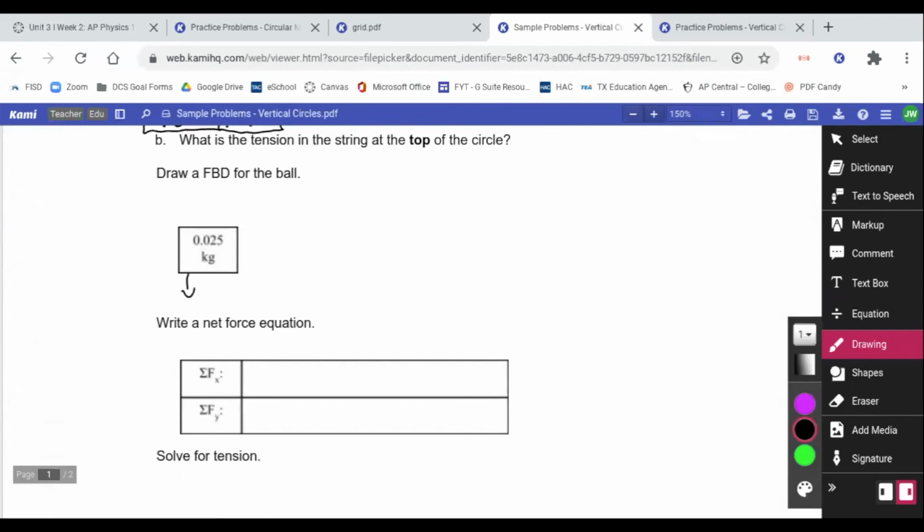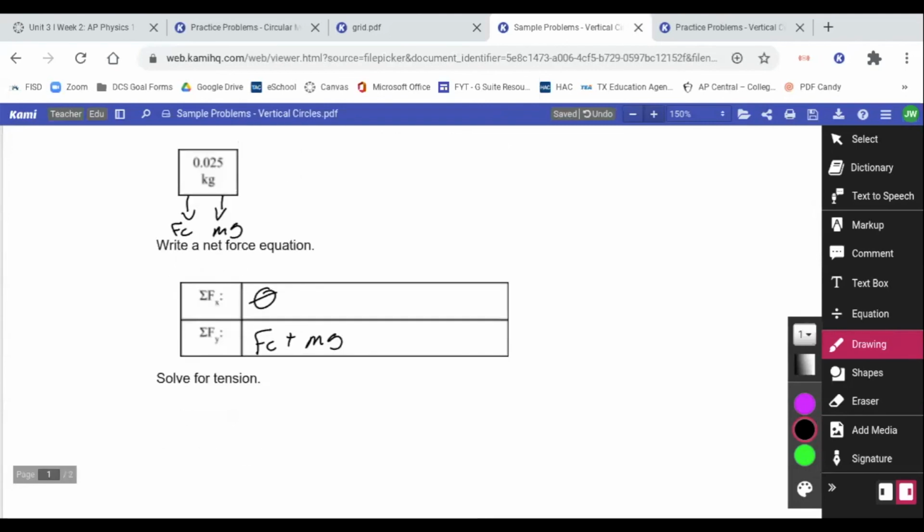Now I know that FC and mg are going the same direction. We're not worried about the horizontal, just the vertical, so we would have FC plus mg. And then if we solve for tension, FC plus mg is equal to mac, and we could say that FC is equal to mac minus mg.